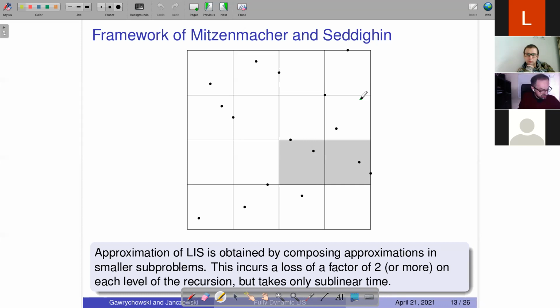But in particular, for each row in this big matrix, you will have a subproblem corresponding to the whole row and the whole column. And then you have instances corresponding to this column and, well, not the whole row, but part of it.